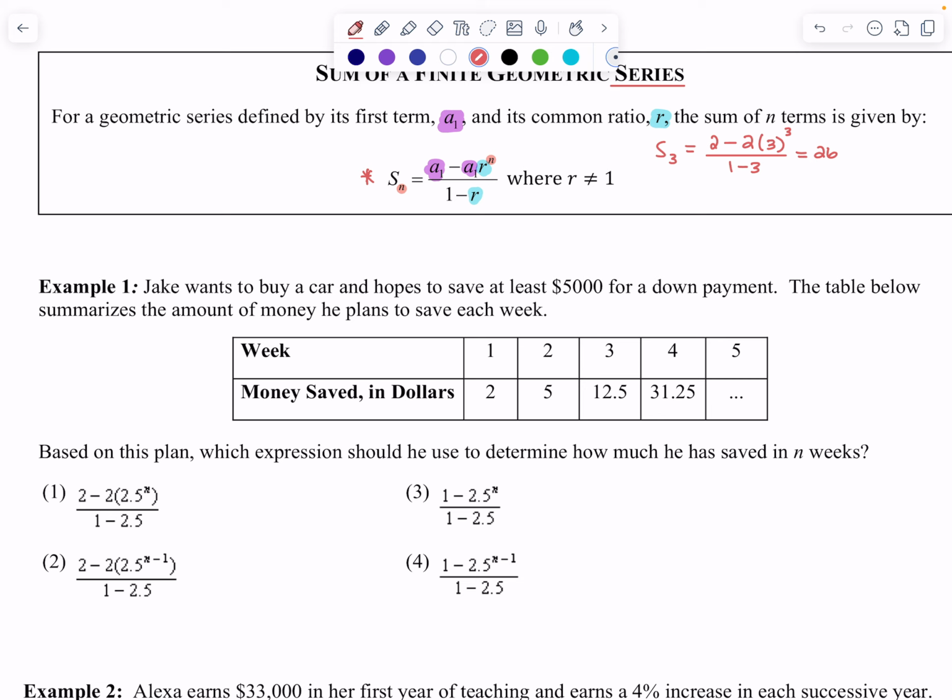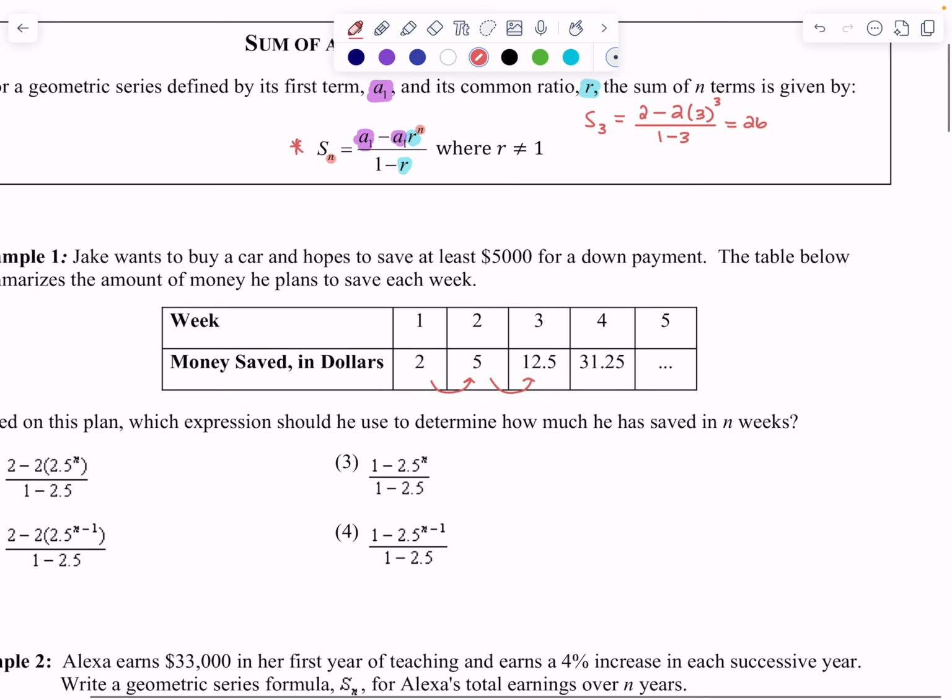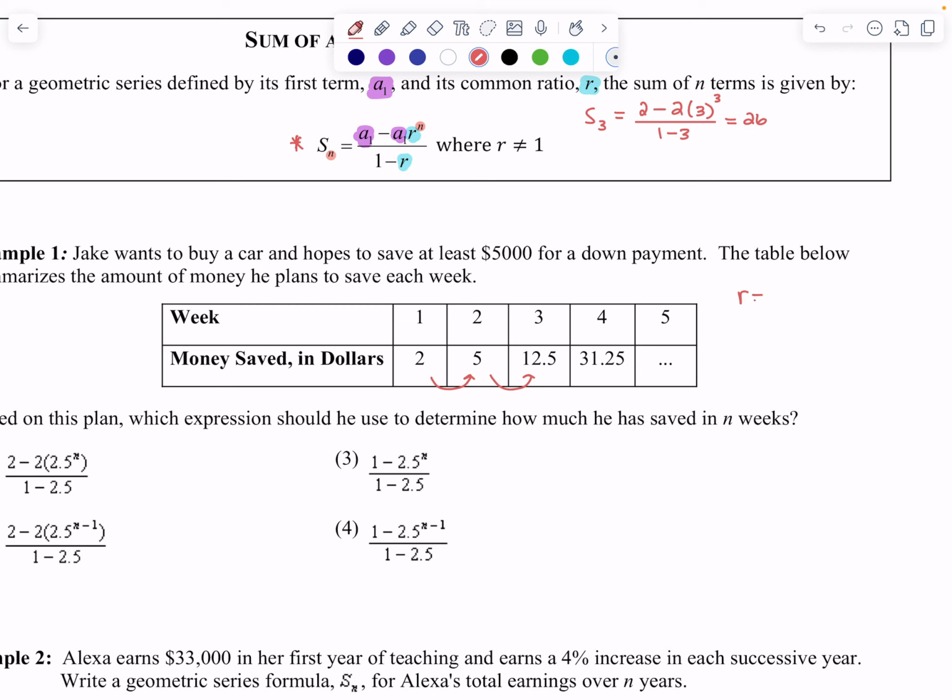So if I want to figure out the pattern here, I could be thinking, maybe it's add 3, but that goes away as soon as I see 5 and then 12.5. I'm not adding 3. So if we want to see what the common ratio might be, we would take 5 divided by 2, or 12.5 divided by 5.